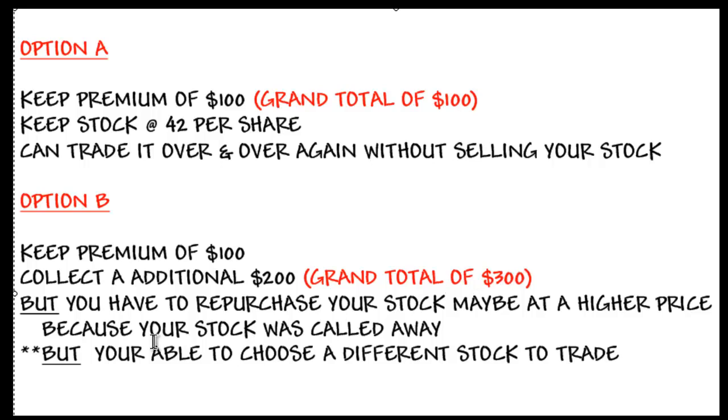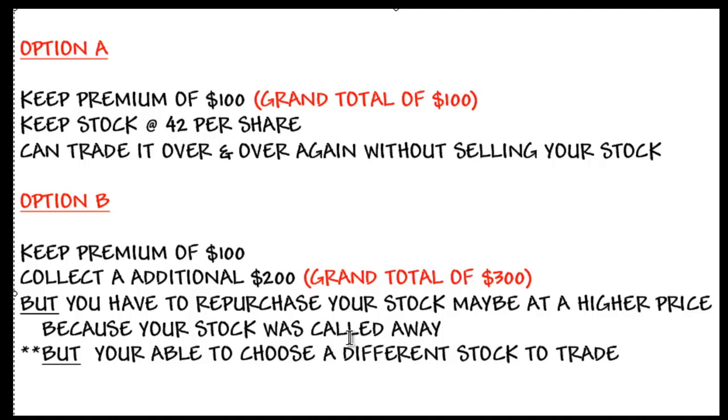All right? But let's just say the reason why I prefer option A over B is because you have to repurchase the stock, maybe at a higher price, because your stock was called away from you. And this is what we call it when you have to sell your option back during the covered calls.